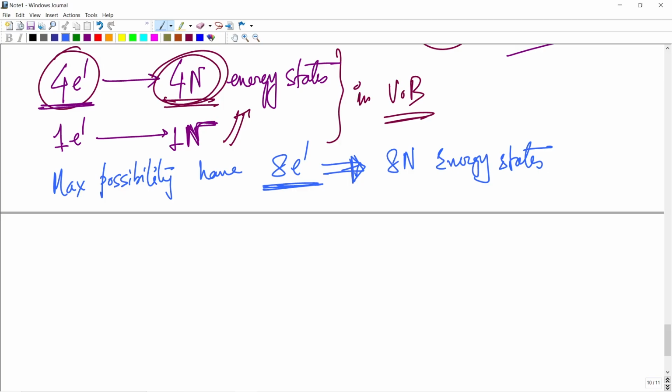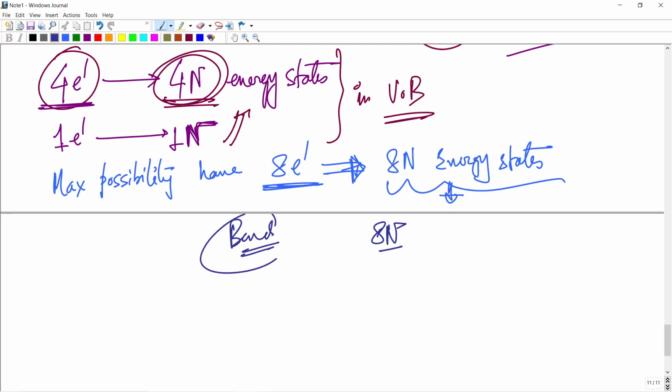So the maximum possibility is that each band has 8n discrete energy levels, so the valence band, the last shell, has 8n discrete energy levels.